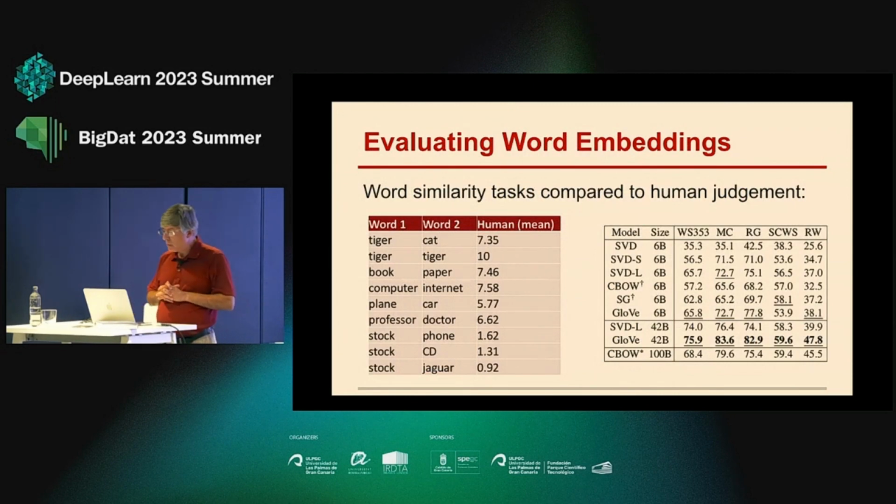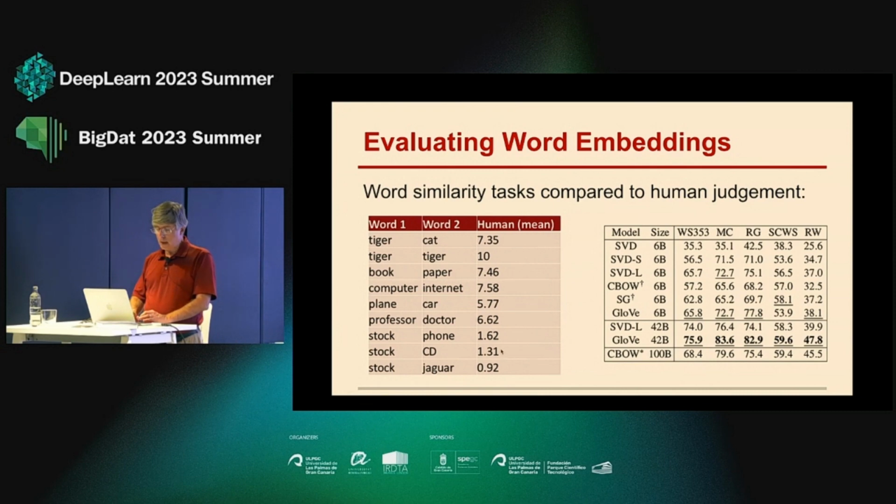And when you ask which of these methods produces the best word embeddings, the answer is somehow it depends. How would you tell? Well, one way that people judge this is that they give them a bunch of different tasks.